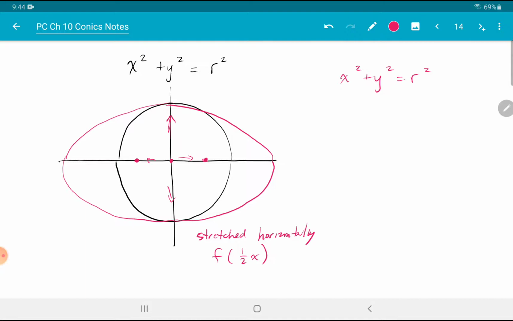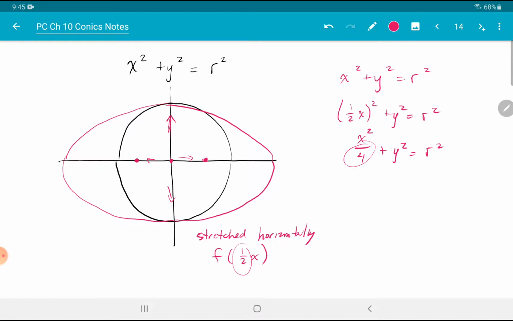So if you have a half there, then with x squared, a half x squared plus y squared equals r squared. In a way, that really becomes x squared over 4 plus y squared equals r squared. So that horizontal stretch becomes almost like the denominator of a new fraction in a new equation, x squared over 4 plus y squared equals r squared.